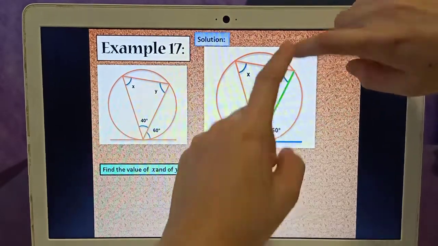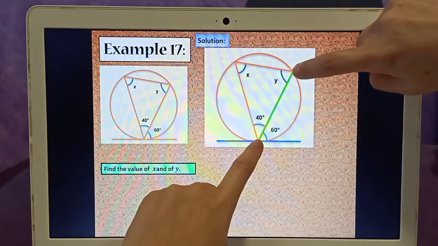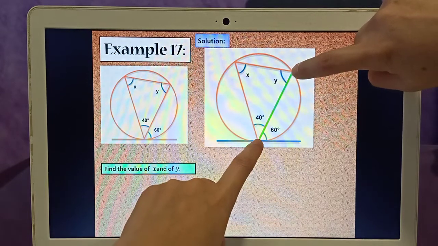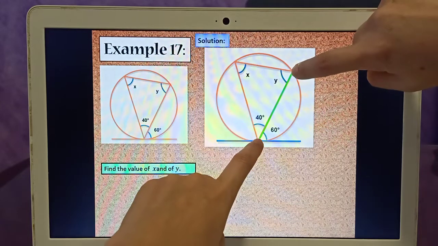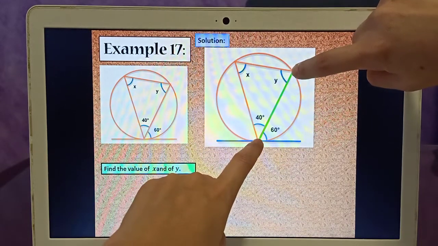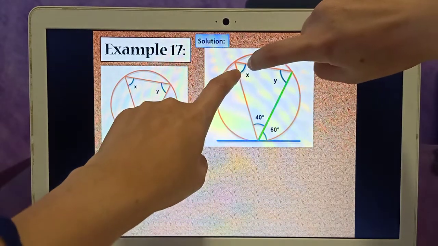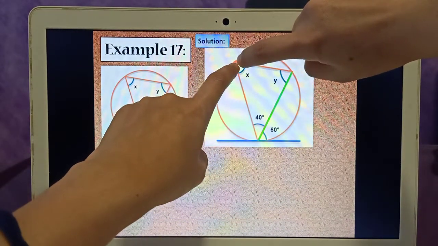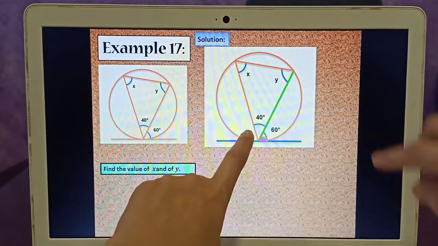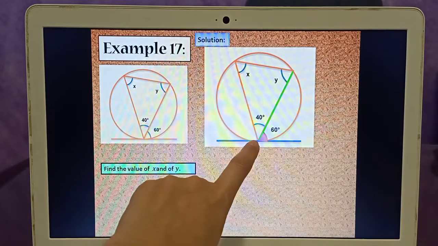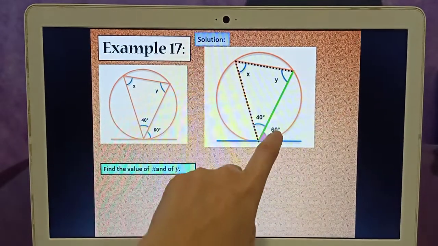So you have to use your 2 fingers. You put them on your chord, and then using the route of the triangle inside the circle, you go to the same destination. Only when you go like this, you will reach one same destination, right? Okay, this angle, 60 degree, is actually equal to this one. So x is equal to 60 degree.